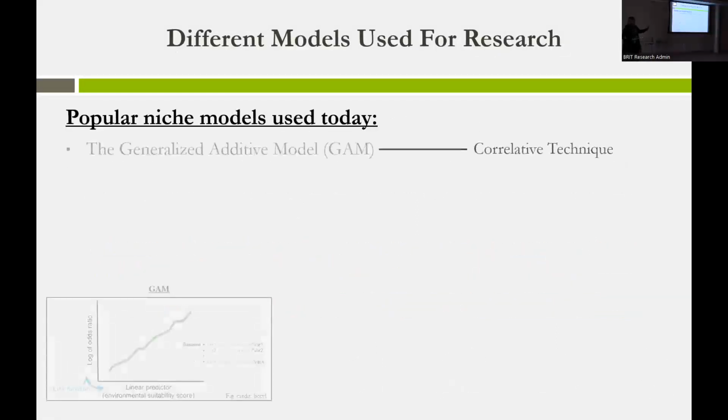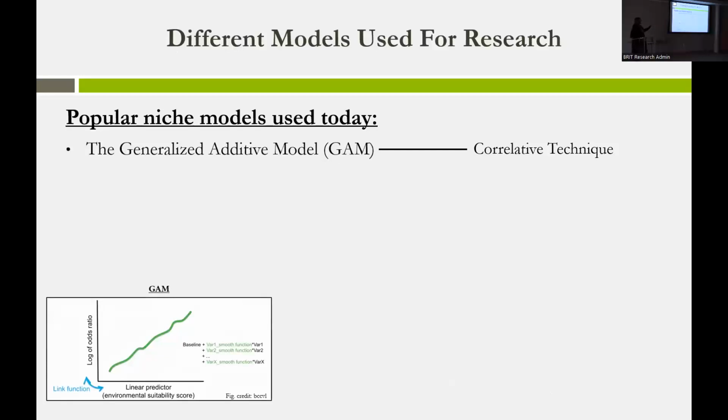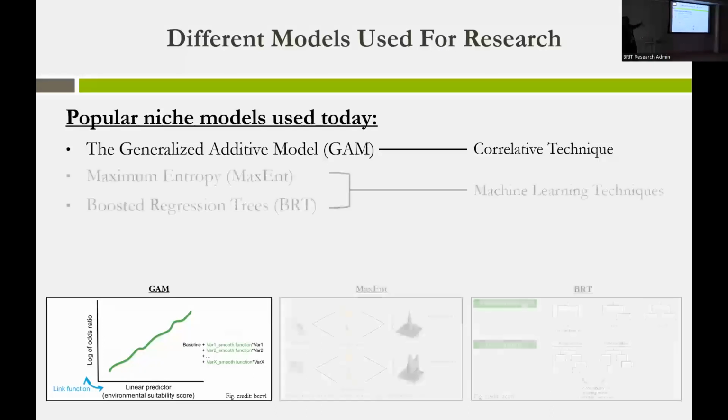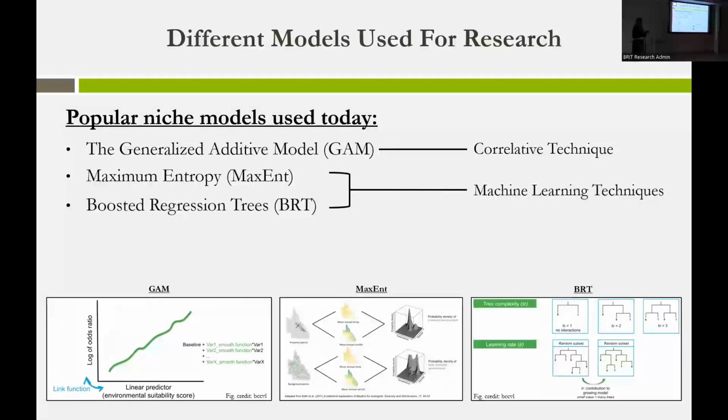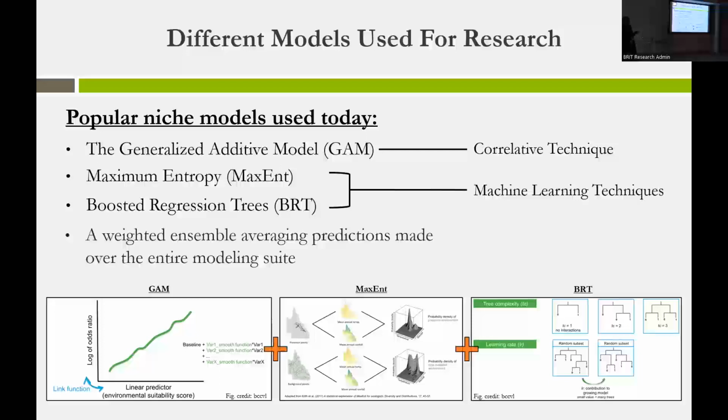So just some popular niche models that are used today. The generalized additive model is a very simple correlative technique. Maximum entropy, maxent, and boosted regression trees are both machine learning techniques that are very, very commonly used. And as I learned in the process of my master's thesis project, a really, really interesting technique is averaging the predictions made over all of the correlative and machine learning models that you generate over the course of your study.